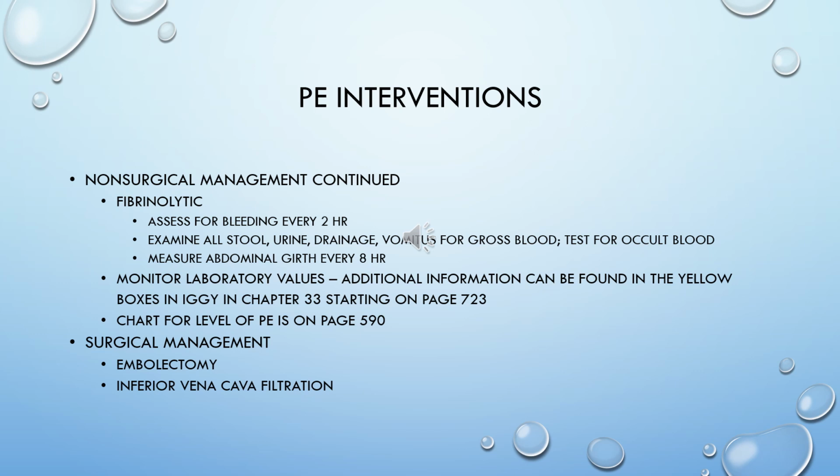And then lastly, we look at surgical management here on this slide. And one thing they can do is an embolectomy, where they actually go in and retrieve the clot itself and pull it out. Or they may choose to put in a filter in the inferior vena cava, and this just helps if the patient, for instance, has got a history of having DVTs.